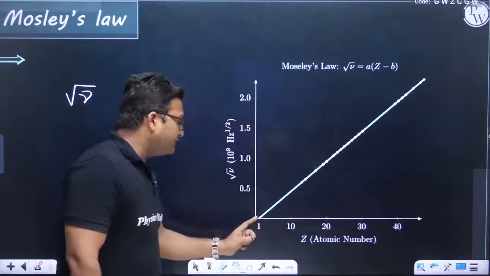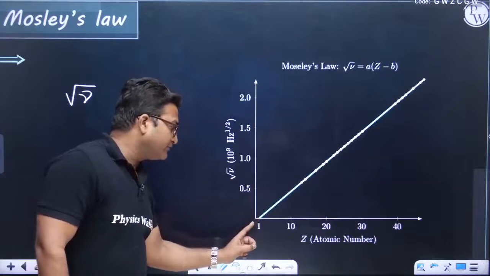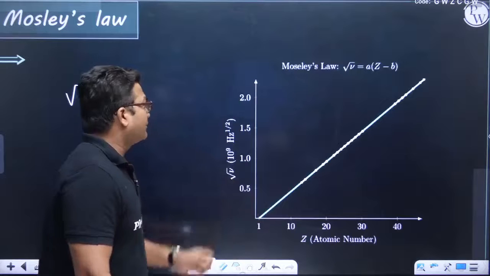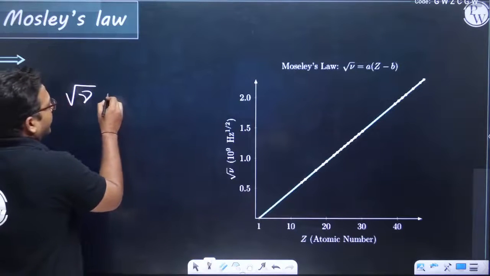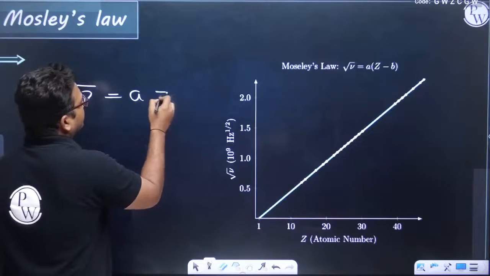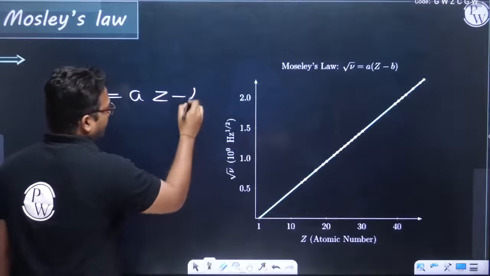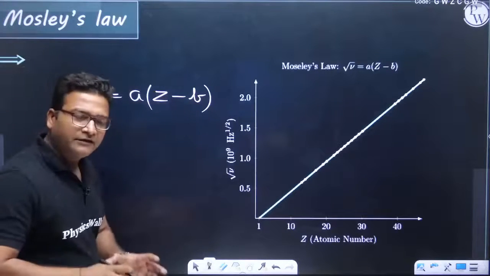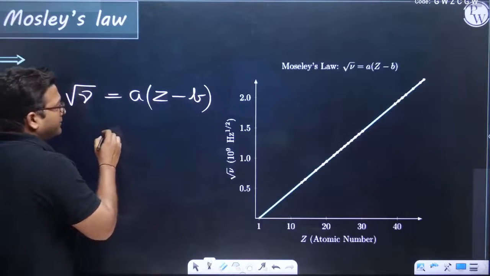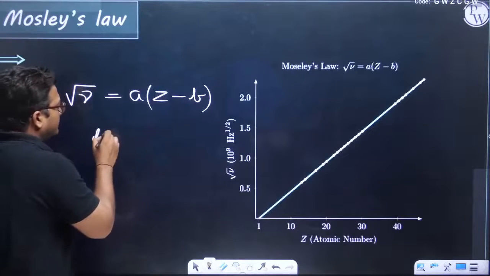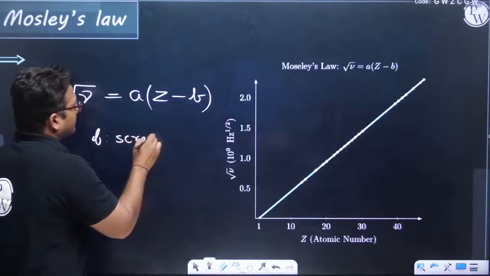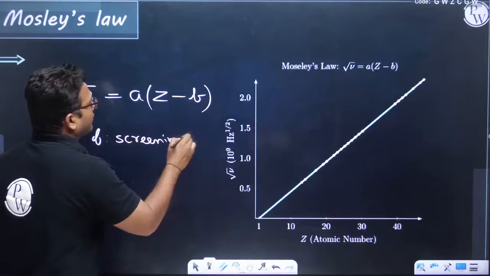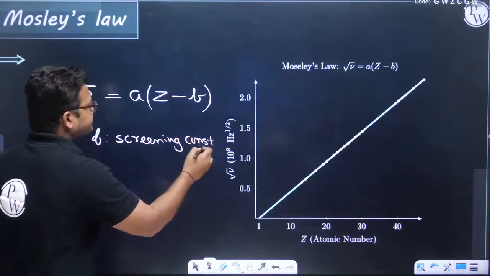The graph doesn't pass through the origin, it passes through some other point. So we can write it as A times Z minus B. Here A and B are simply constants, and B is called a screening constant, remember.